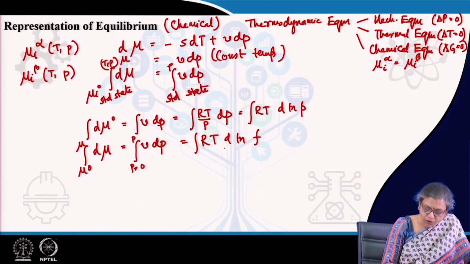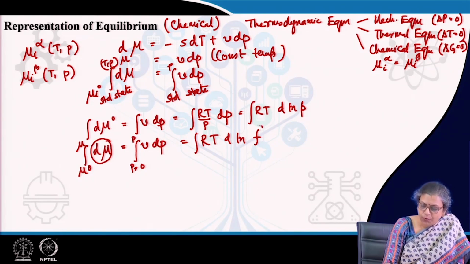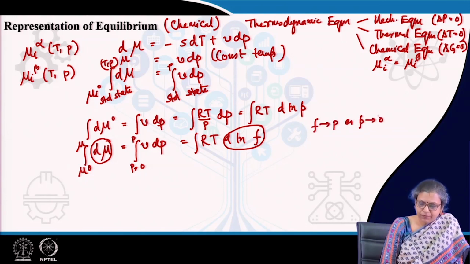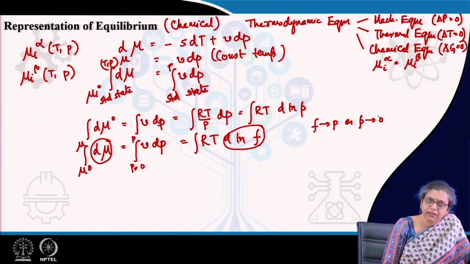So, what does this mean? In this process, we have simply replaced d mu with RT d ln F, knowing fully well that F becomes equal to P as P tends to 0. The purpose of this defining equation for fugacity is that we did not know the lower limit or the standard state based on which mu should be calculated.